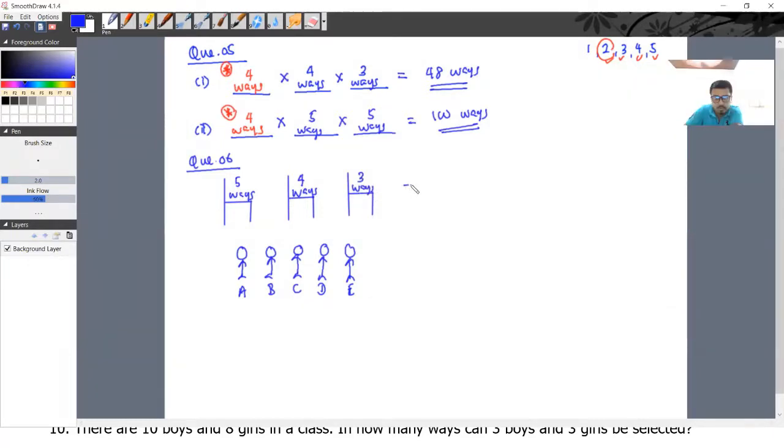So how many possible ways altogether? 5 into 4 into 3. 5 into 4, 20. 20 into 3, there are 60 possible ways. So for question number 6, the answer should be 60.